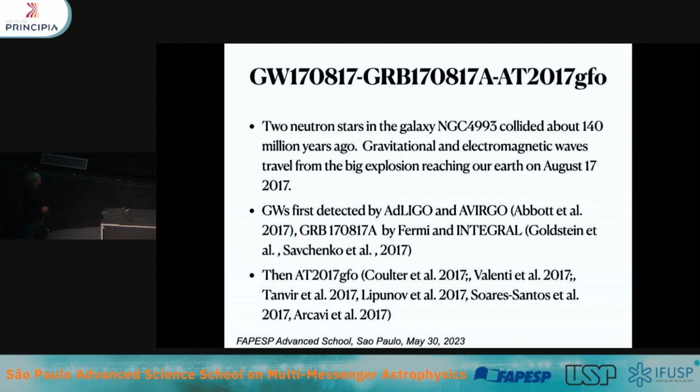And then a gamma ray burst was detected by Fermi and INTEGRAL. And then eventually the kilonova was detected by several groups at the same time. So this truly started in a grandiose way, multi-messenger astronomy of gravitational waves.